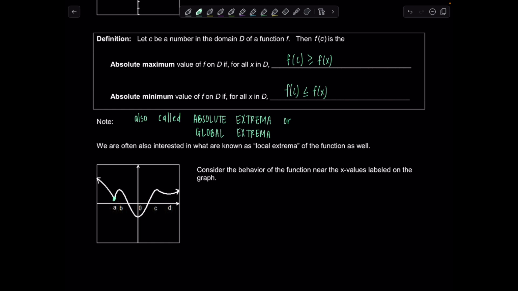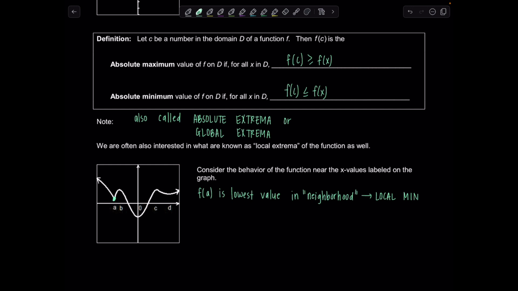Well, f of a is the lowest, or the smallest y value, in some little neighborhood, meaning the graph exists on the left and right of a. So we can classify that as a local min. Relative min is another word you'll hear.